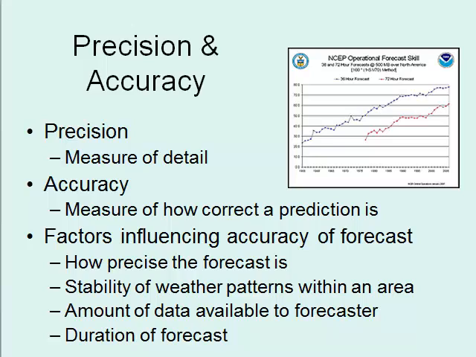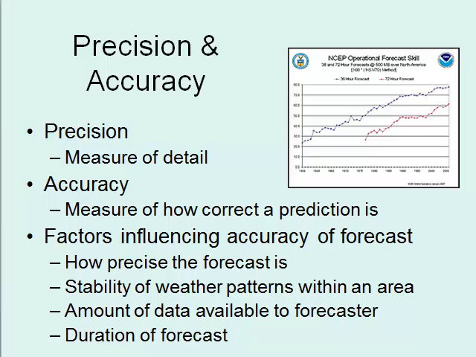When these different forecasts are put together, we have these two ideas of precision and accuracy. Precision is the amount of detail. How big of a scale are you looking at: the entire country versus just Oregon or just Portland, Oregon?